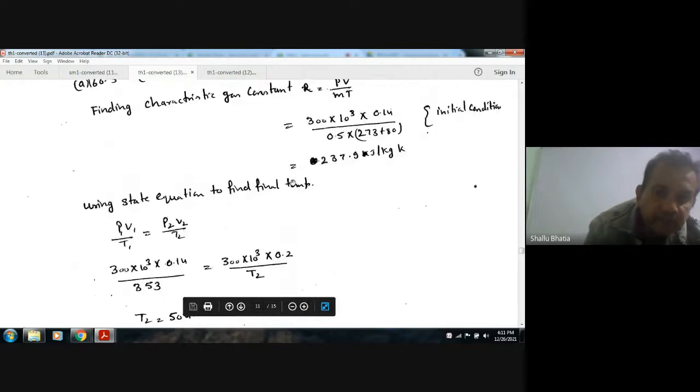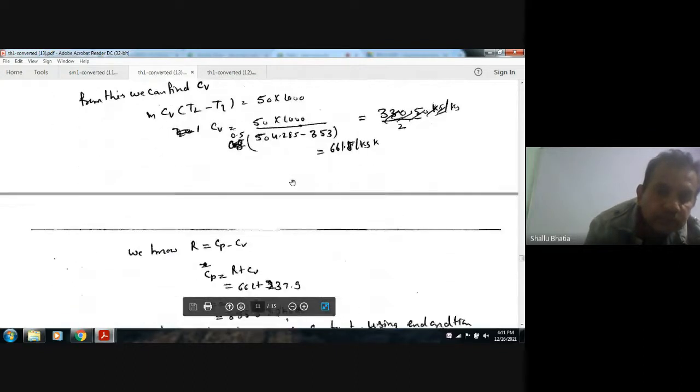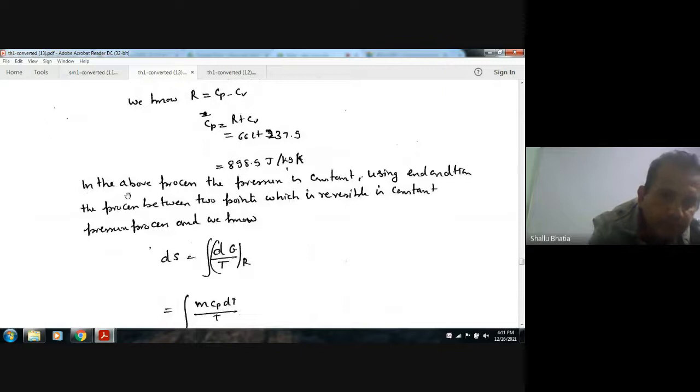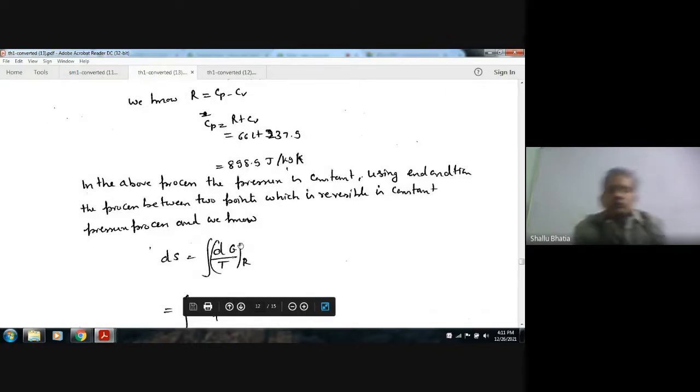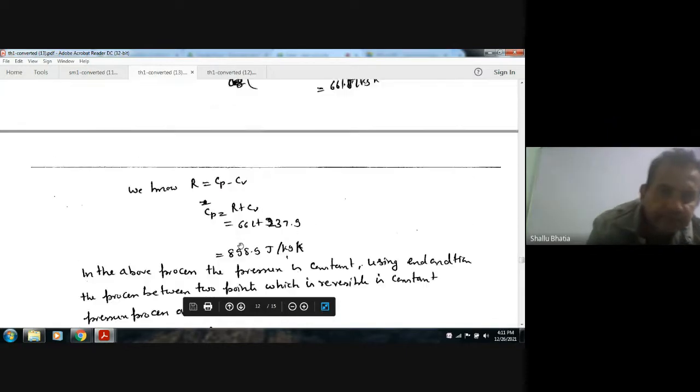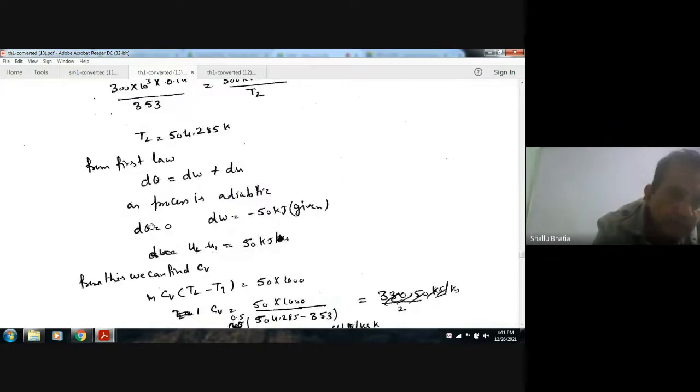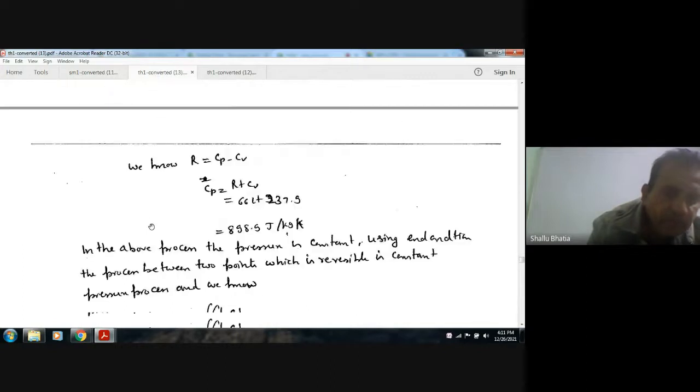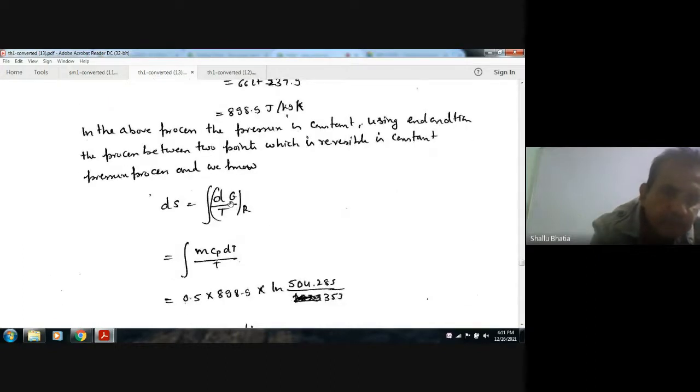Now as we can see, the pressure is constant, 300 kPa, 300 kPa, so we can use this for entropy: dS is equal to dQ by T. One question arises: here we have taken dQ as 0, but here we are taking dQ as m Cp dT. This is according to the definition of entropy, in which dQ stands for a reversible process.